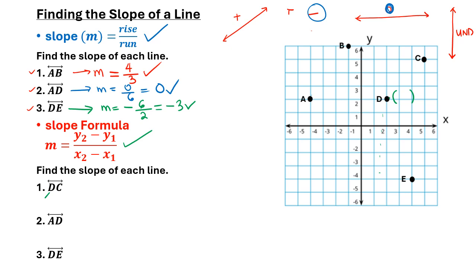For D, we trace to the x axis, and it is 2 comma 2. And for C, tracing down to 5, and tracing to the left you get the y coordinate, so that's going to be 5 comma 5. Oh, this is nice. 5 comma 5.